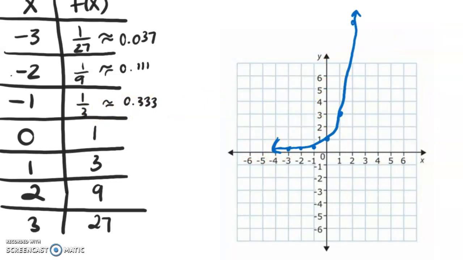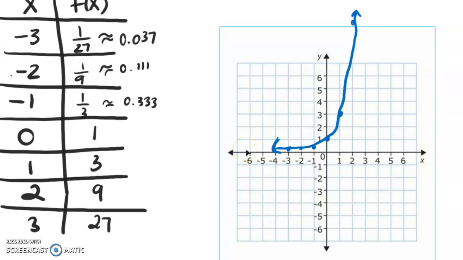I also want to point out some things about this graph. We have a domain here: you can put in any x values. Notice though, you don't get y values that are negative. So the range is going to be all positive real numbers.